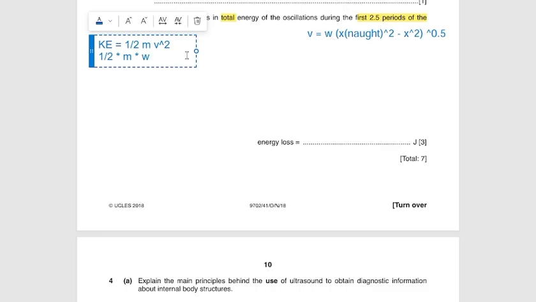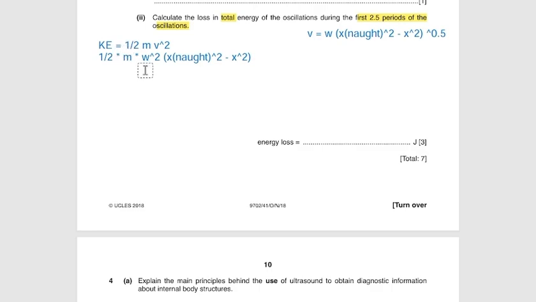So omega square, x naught square minus x square. So all I did was I took this equation, I squared it, I got omega square, the square root got cut out, so I was left with x naught square minus x square. I hope this isn't confusing because it's all so messy.